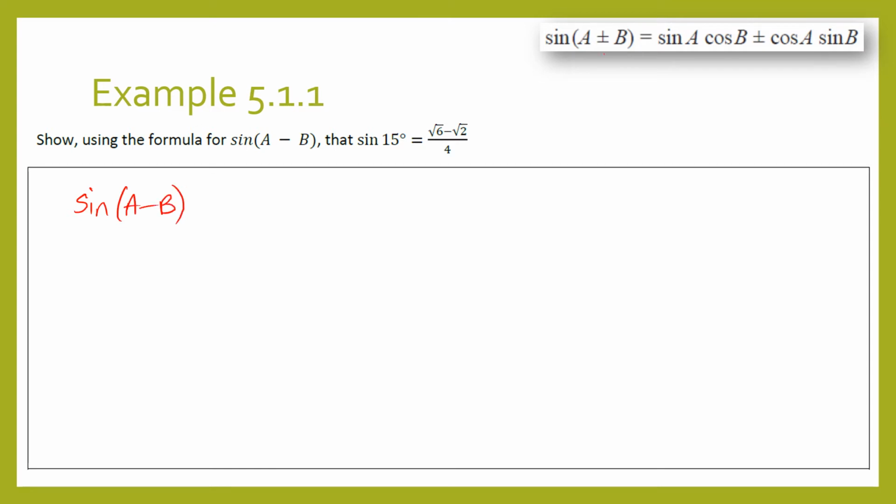So it's the minus that we want. So if we look at the formula, sine open brackets a plus or minus b, if we want the minus, then that's the symbol on the bottom. So when we get to the plus or minus over here, we want whatever symbol is on the bottom.